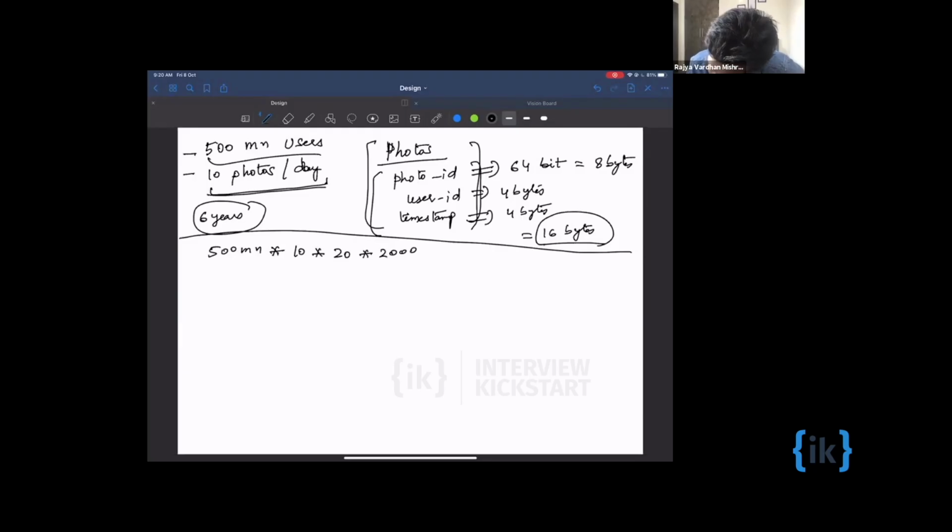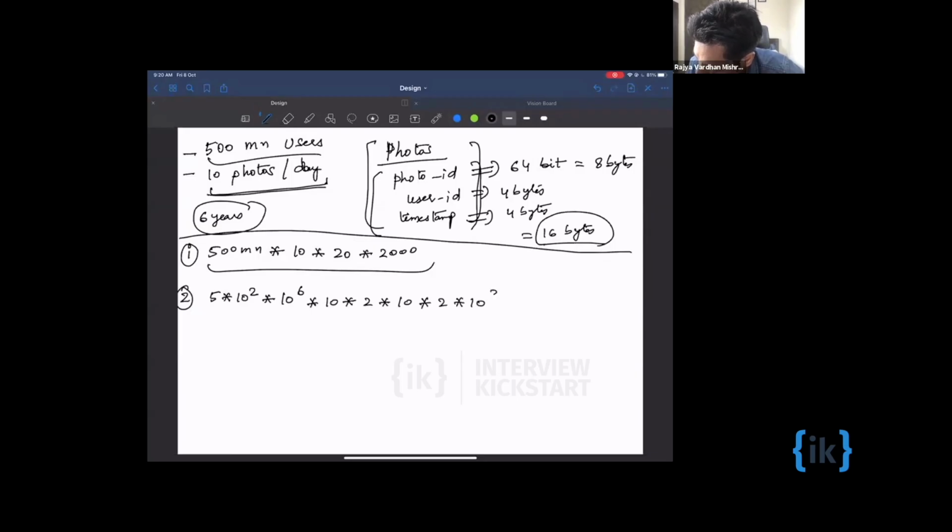So we express this in power of tens. Right? So first step is that we identify what all numbers are required for the calculation. Second step is that we express it in power of tens. So 5 into 10 to the power 2, million, again from the power of ten table, is 10 to the power 6, into 10, into 2 into 10, into 2 into 10 to the power 3.